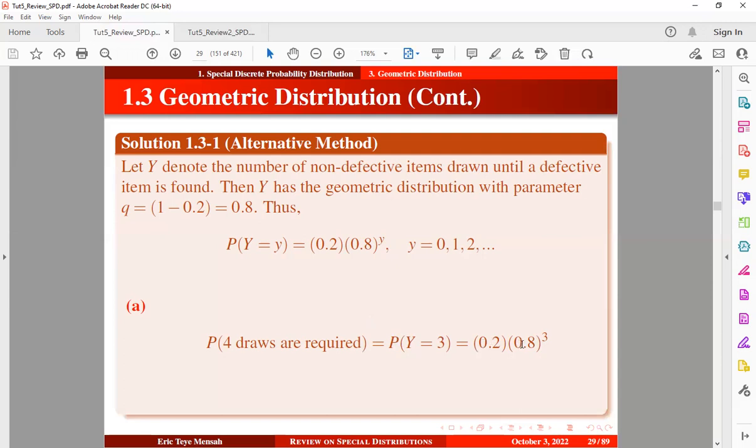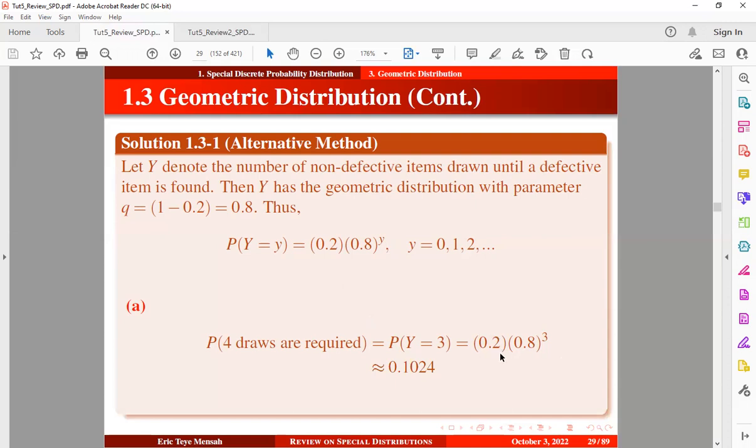So the count starts from 0, 1, 2, 3. We are going to observe three non-defective items, and then the fourth item will be our first success. Once you compute this, you obtain this, which is similar to the result we had under the first case.